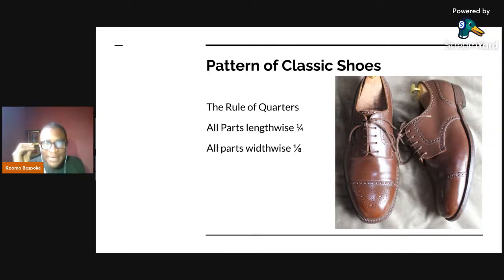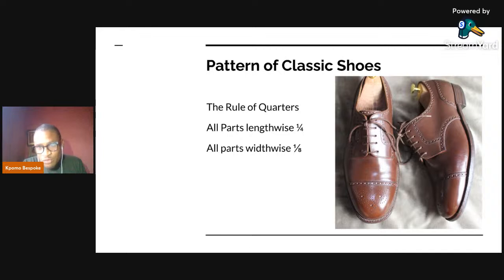The simple idea I use in illustrating the rule of quarters is that the distance between the tip here and the end of the toe cap is about 1/4 of the entire length of this shoe. Such that if you divided this shoe into 4, this will be 1/4 of that length. And the distance from here to there is also about 1/4 of the length of the shoe.